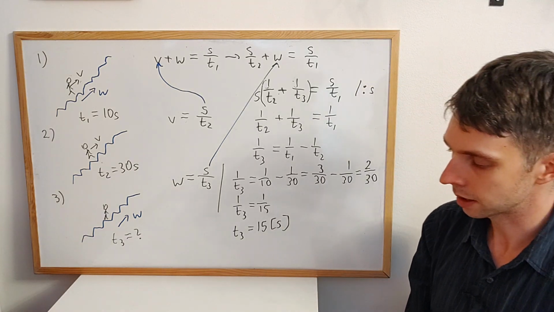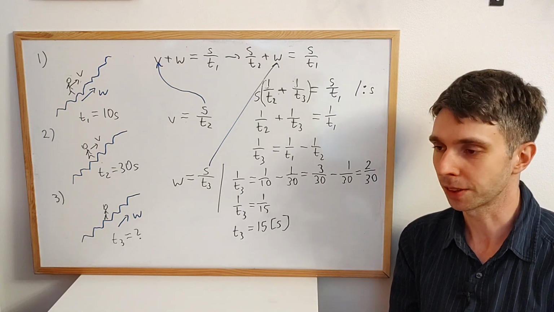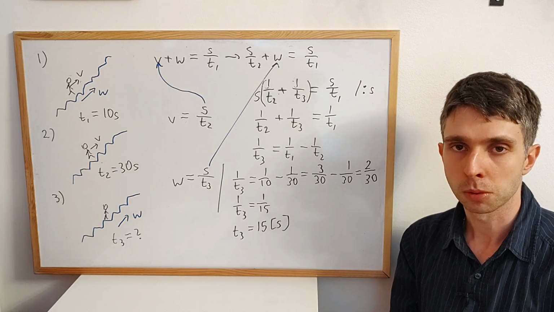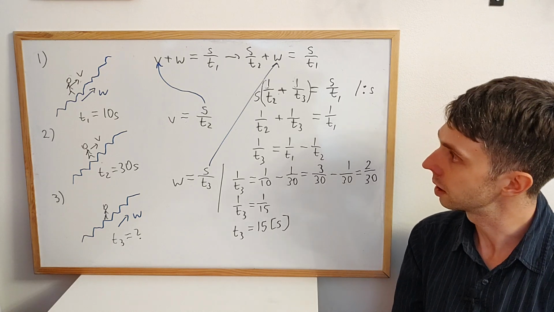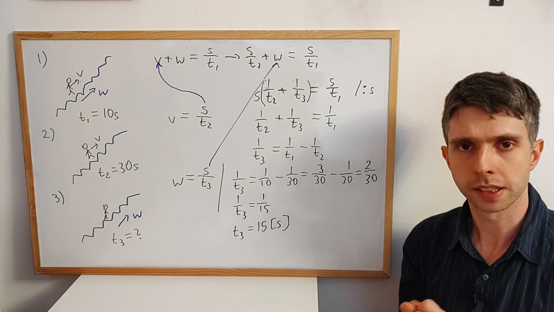Yeah, so that's all about this. Please ask questions in the comments if any, and I will show you one more problem related to relative motion where the velocities will be in different directions.